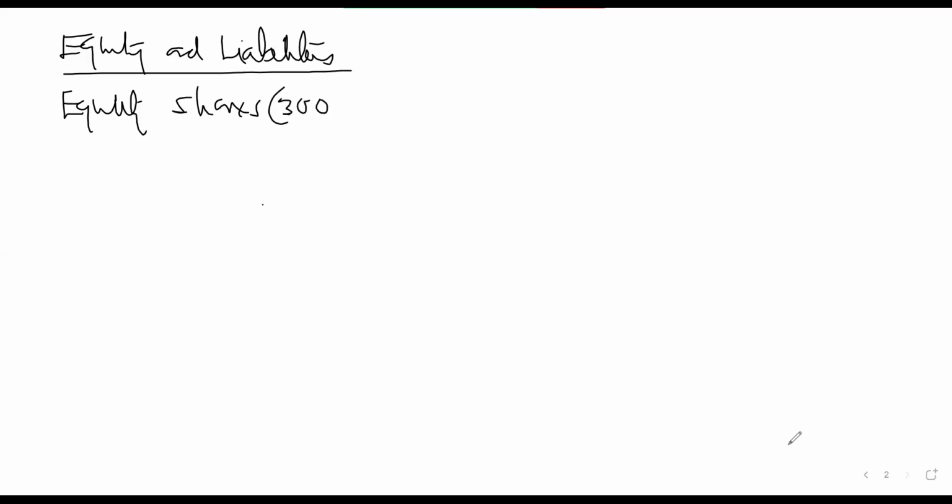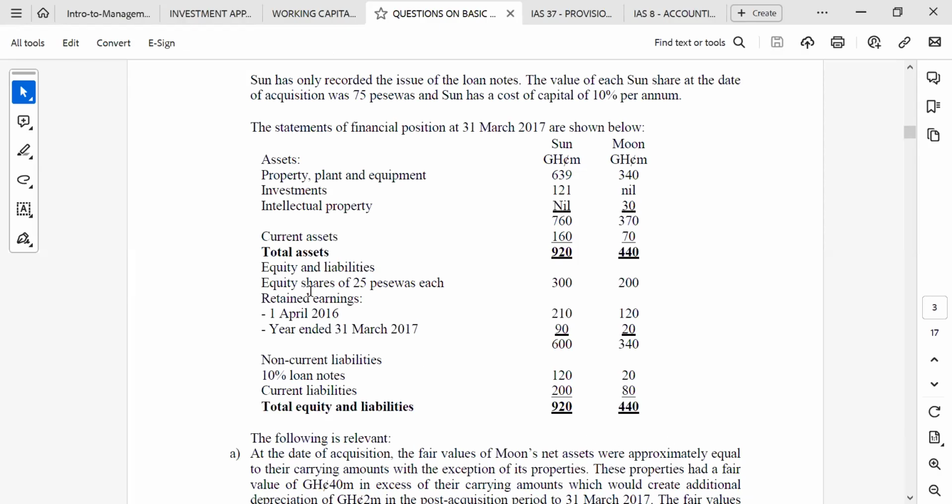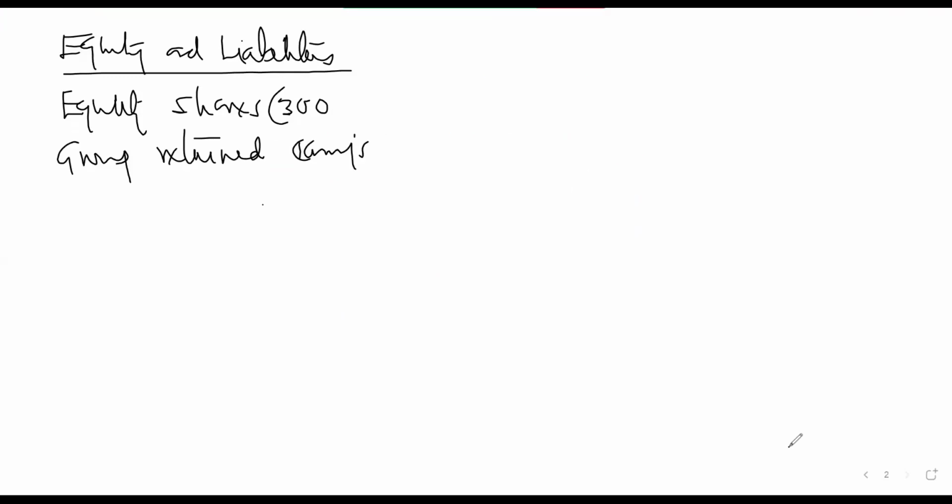Then we have the group retained earnings. Do you have any other component of equity or revaluation reserve in the question? Okay. We don't have. What will be the next item under the equity and liabilities?